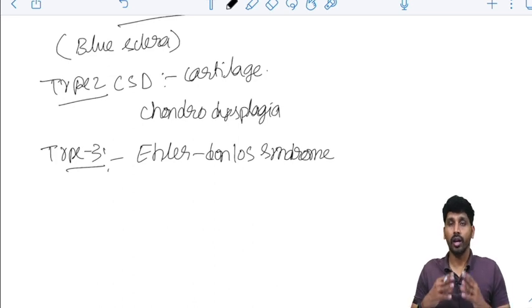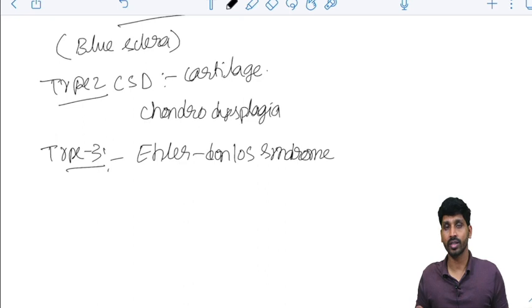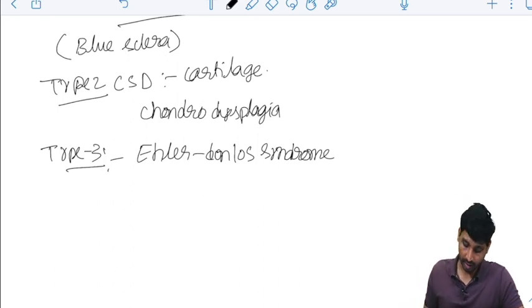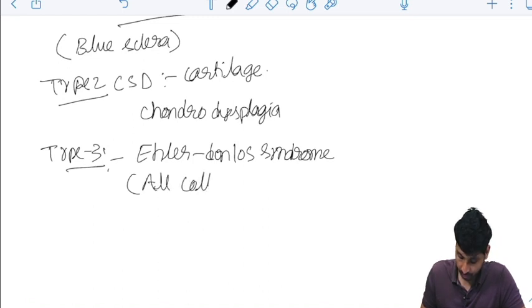That is, in this all types of collagens will be defective. All the 20 existing types of collagens will be defective. In type 1 collagen synthesis disorder only type 1 collagen will be defective. In type 2 collagen synthesis disorder, it is type 2 collagen, exclusive to cartilage. But here in Ehlers-Danlos syndrome, all collagens will be deficient.